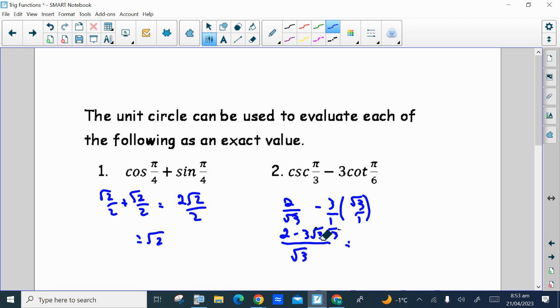And √3 times √3 is 3, times 3 is 9. So it becomes 2 minus 9, which is -7 over √3, which again we would rationalize by multiplying top and bottom by √3. So there's the exact value for number 2.